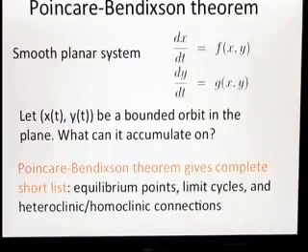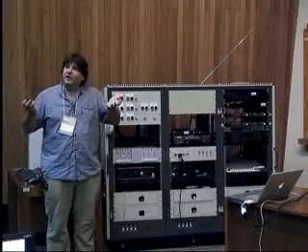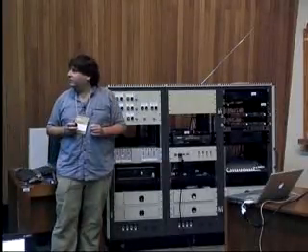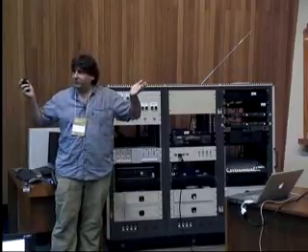So suppose you have any autonomous system like this, and I'm assuming everything is smooth, and you have an orbit which is, say, bounded in positive time. So for all t bigger or equal to 0, it stays in some compact region. And the question is, what does the orbit look like? What can the orbit be? So in particular, what can the orbit accumulate on? If you like, what's its omega limit set?